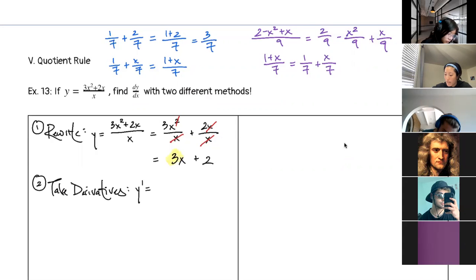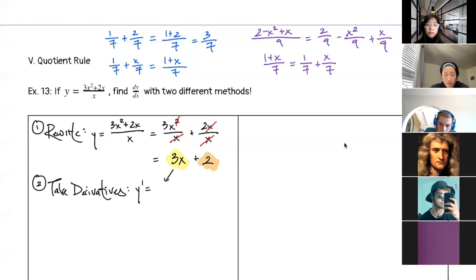I have my 3x and I have the 2, and they're separated by an addition. So that means that I can take the derivative of 3x, I can take the derivative of 2, and then add the 2 together. So what do we get when we take the derivative of 3x? I see 1 as a 3, okay?